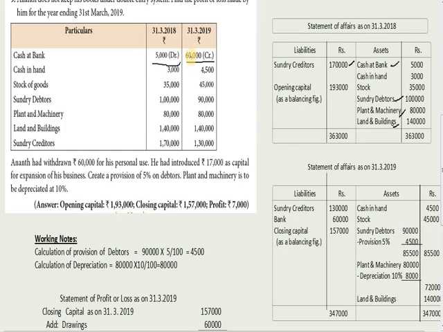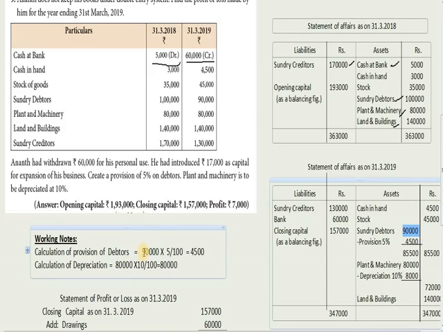And we are entering 60,000 cash balance credit on the liability side. And other cash and stock are entered as usual. Sundry debtors. Sundry debtors balance is 90,000.